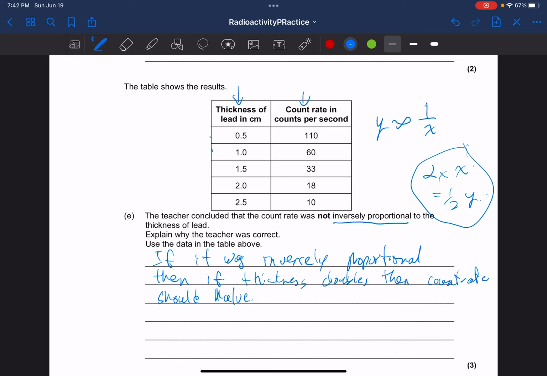Going from 0.5 to 1.0, what we get is that 60 divided by 110 is equal to 0.54, which does not equal 0.5. So it should equal 1/2, 0.5.